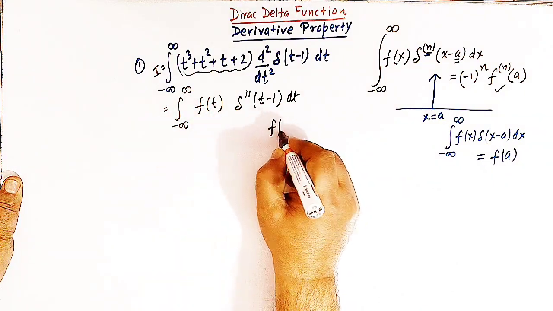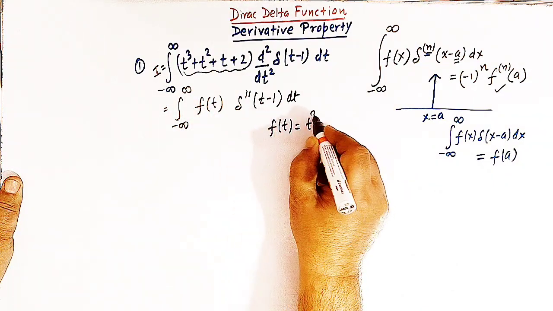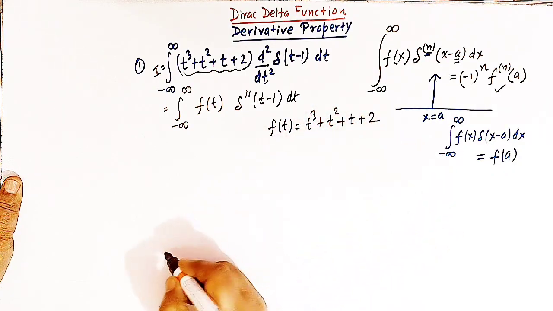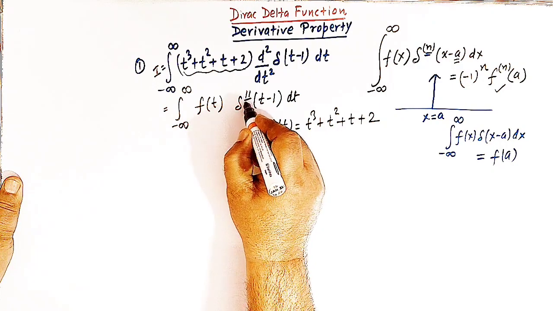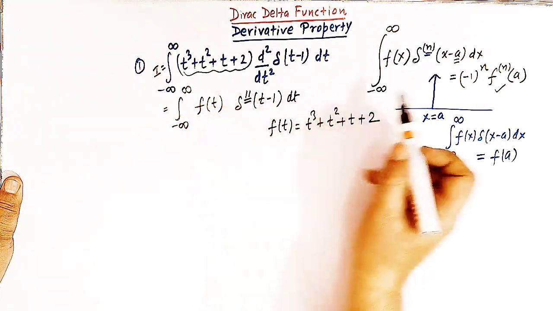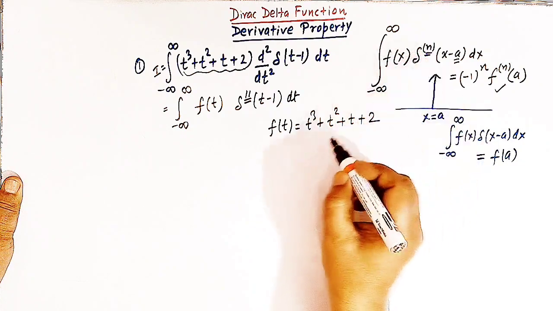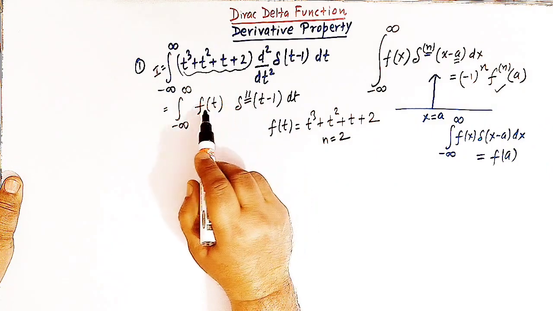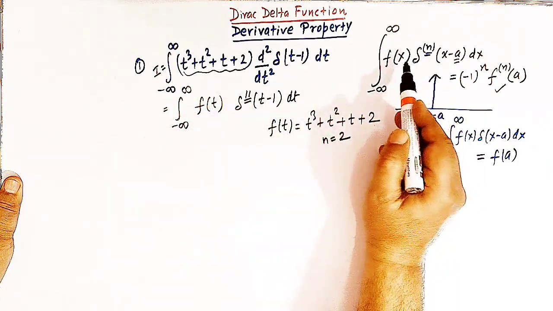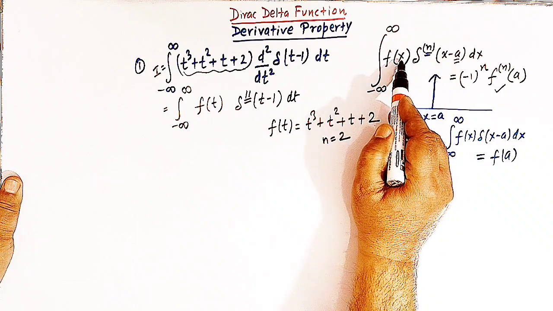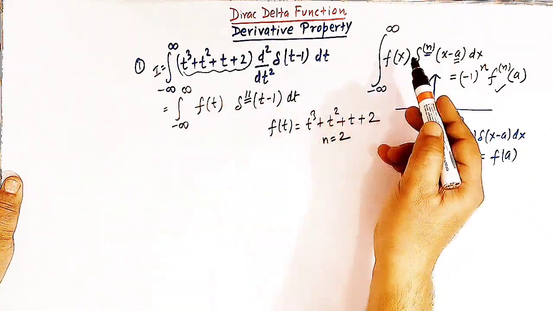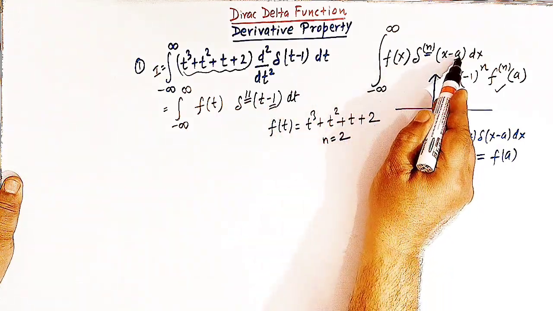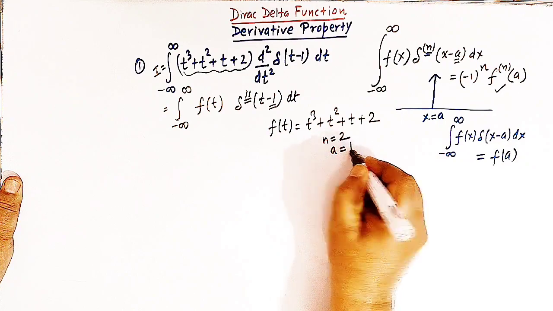So our function f of t is given by t cube plus t square plus t plus 2, right? And here the second derivative of delta function is involved, so here this n is equal to 2, right? And it is important to note that here the variable is t and there the variable was x, right? So the variable is not going to make any difference, and here the value of a is given by 1.